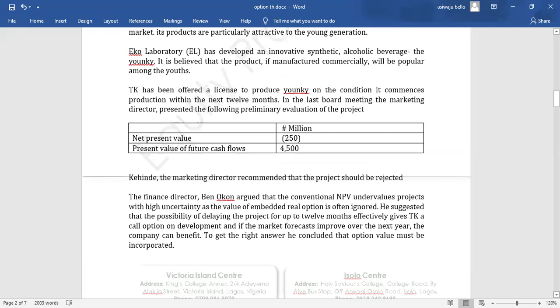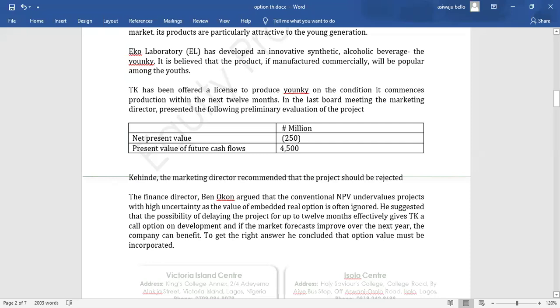The finance director, Ben Okon, argued that the conventional net present value undervalues projects with high uncertainty, as the value of the embedded real option is often ignored.